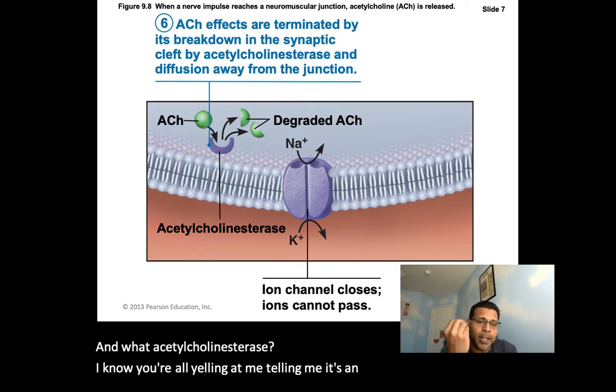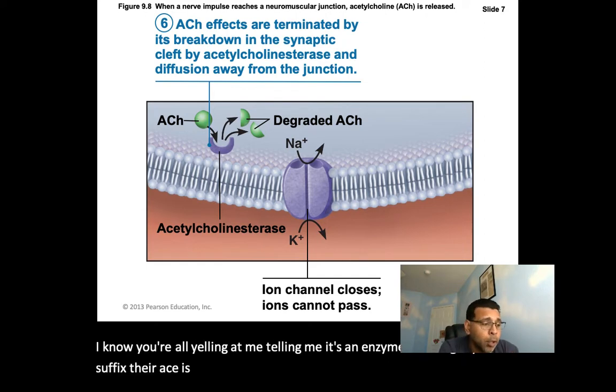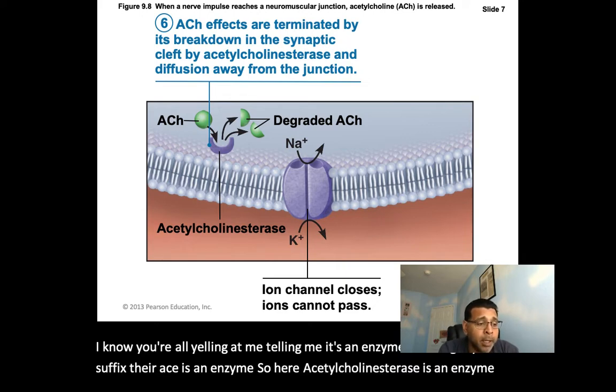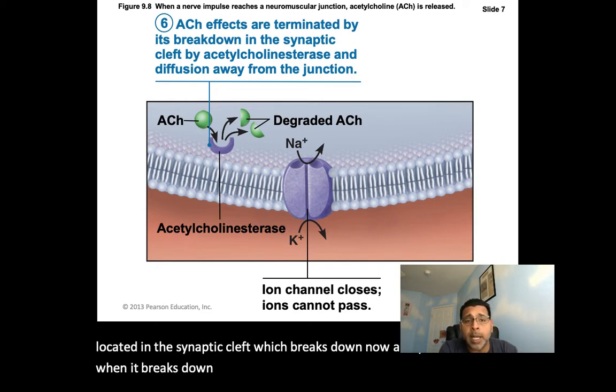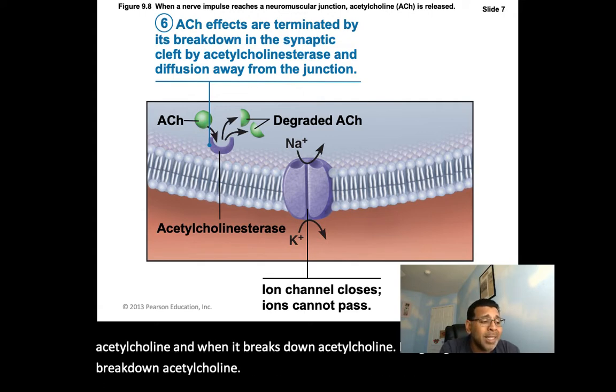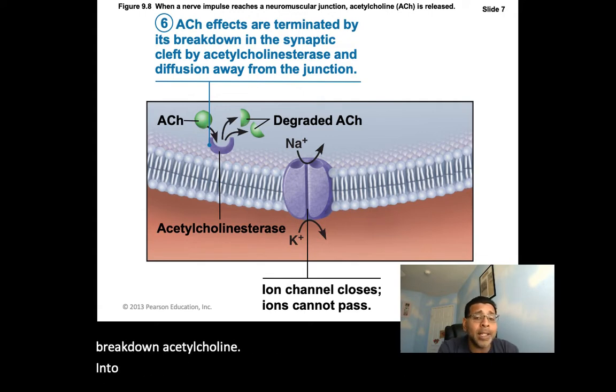I've taught you that suffix there, ase, is an enzyme. So here, acetylcholinesterase is an enzyme. It's located in that synaptic cleft, which breaks down now acetylcholine. And when it breaks down acetylcholine, it's going to break it down into acetic acid and into choline.